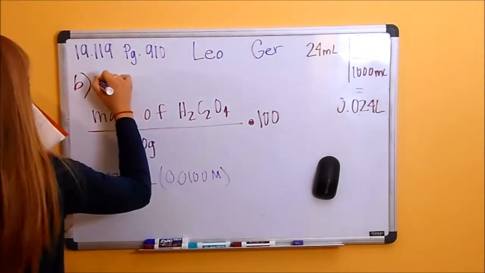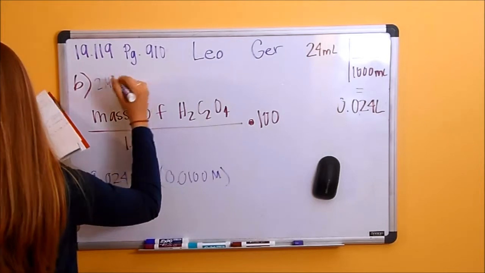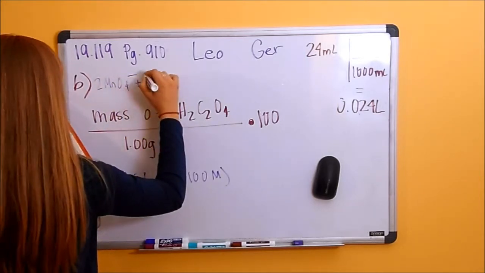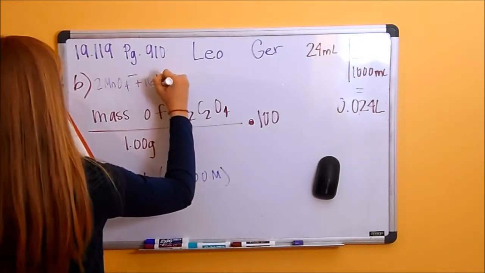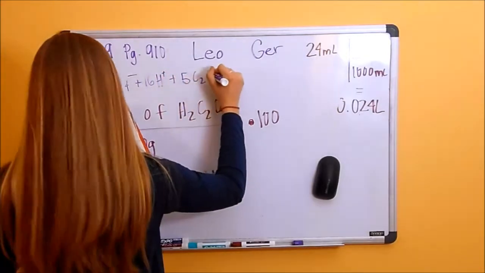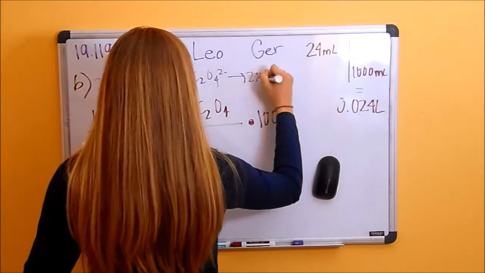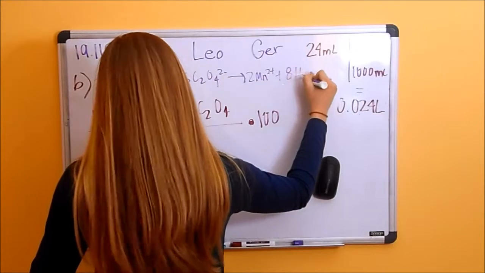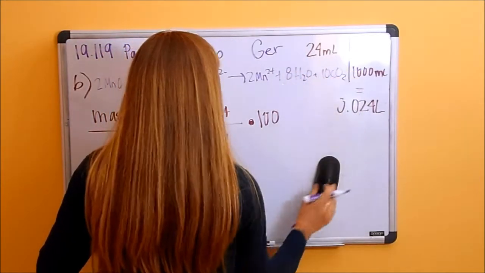We had 2 MnO4 minus, and I'm going to leave off the states to save room because I don't know if I can fit everything, 16 H plus, 5 C2O4 2 minus gave us 2 Mn2 plus, 8 H2O, plus 10 CO2.